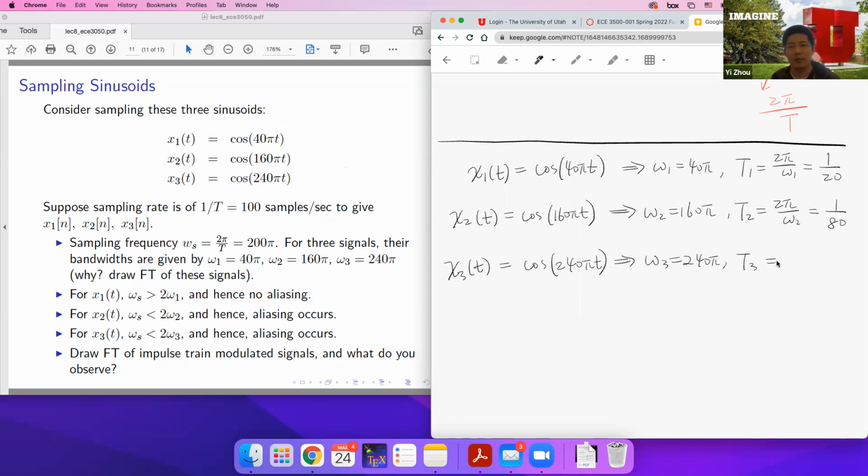And for the third signal, the fundamental period is 2 pi over 240, which gives 1 over 120.